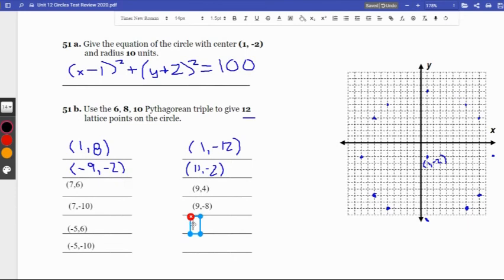Or I could subtract 8 from the x value, or subtract 6. Or sorry, I've already subtracted 6. Let's see, subtracting 8 and subtracting 6 from the y value gives me those points. So those are the points that I found by doing this. Why not?